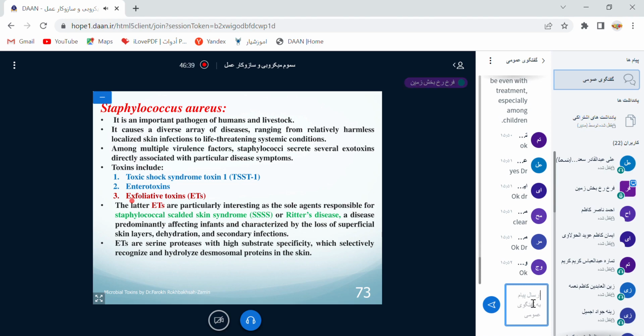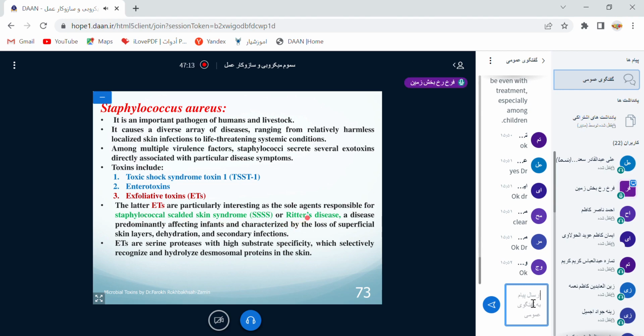Okay, what is it? It is particularly interesting as the sole agent responsible for staphylococcal scalded skin syndrome, SSSS, or Ritter's disease.